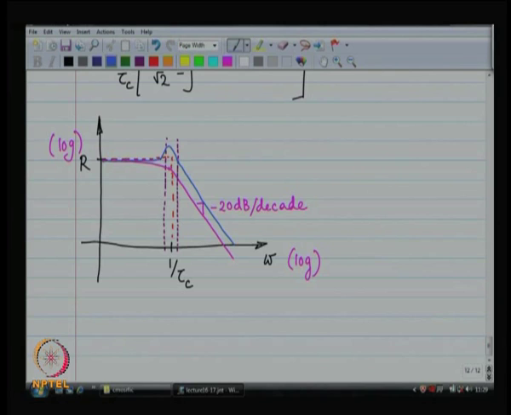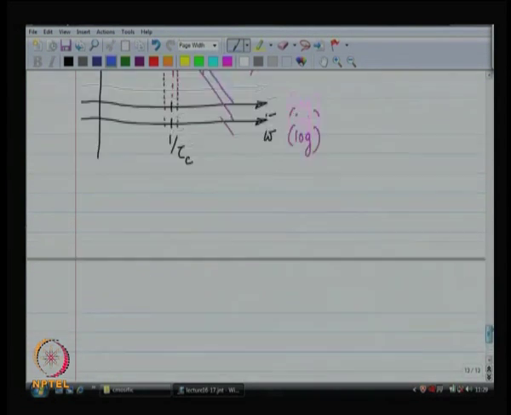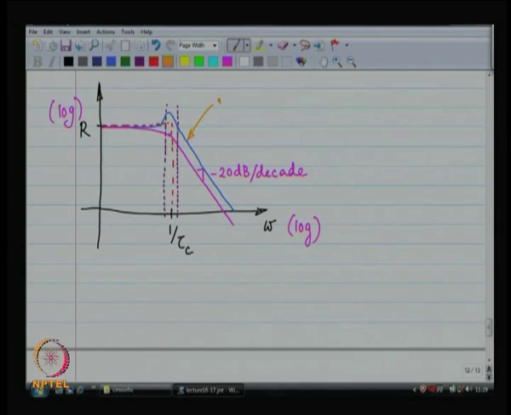Now, do you want this kind of a transfer function? The answer is maybe, but not really.